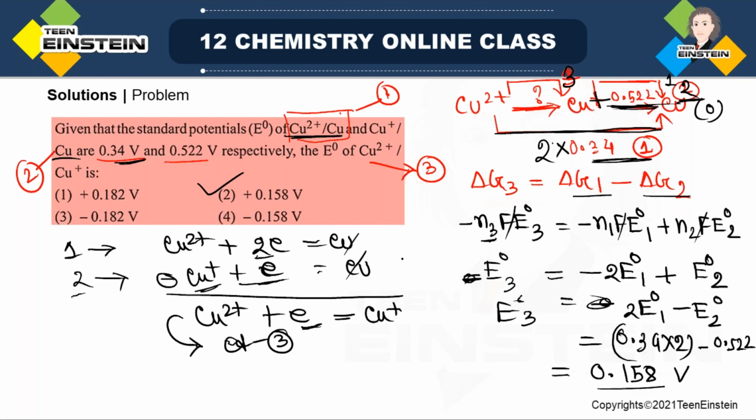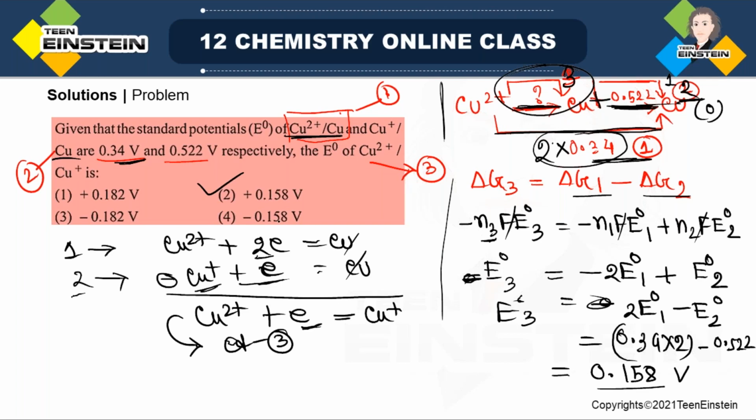So it is up to you which process you are comfortable with. If you are comfortable drawing this type of diagram, then 2 times 0.34 minus 0.522 into 1. So you will get this value. And you can also do this method. It is up to you which method you want to follow.